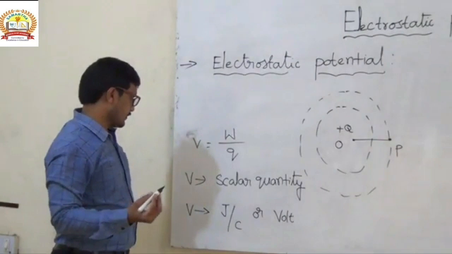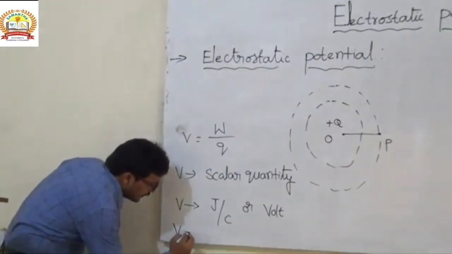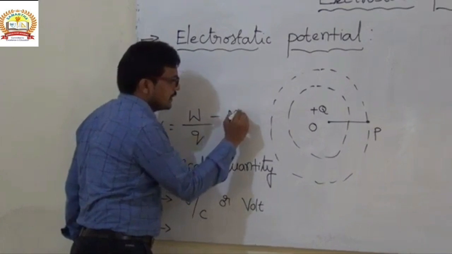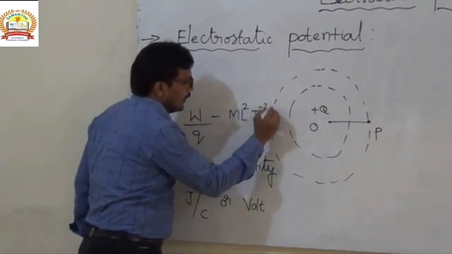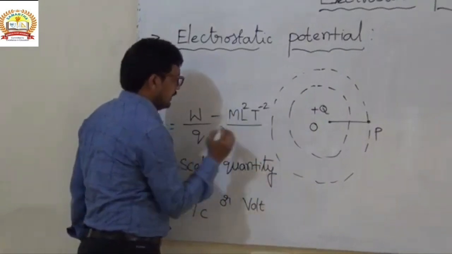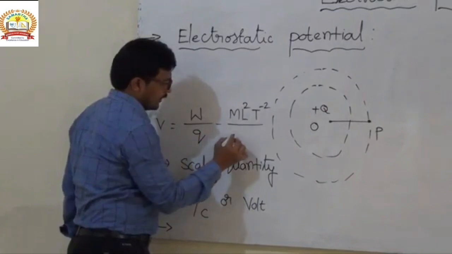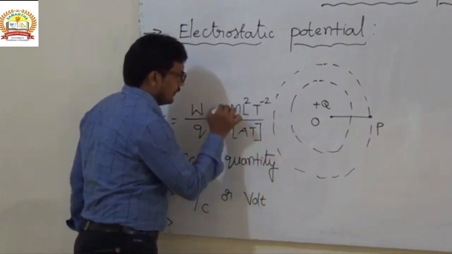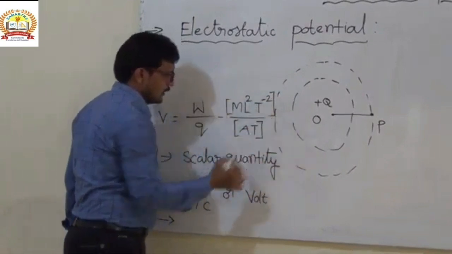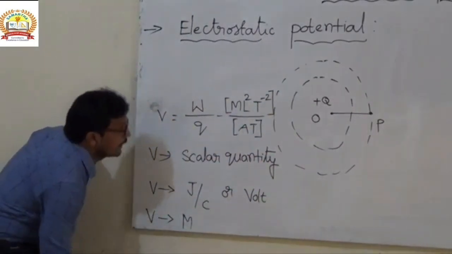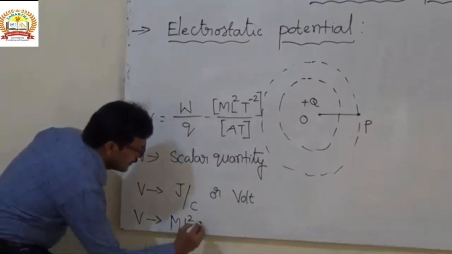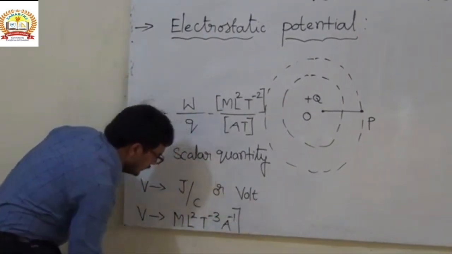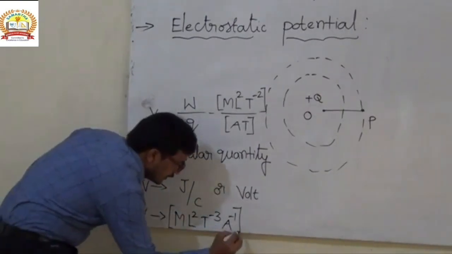Here, the work done by the charge has dimensional formula M L^2 T^-2, divided by the dimensional formula of charge, which is A T. So the dimensional formula of the electrostatic potential is M L^2 T^-3 A^-1.